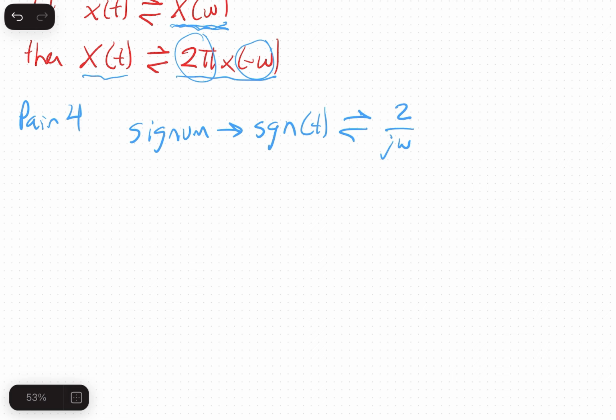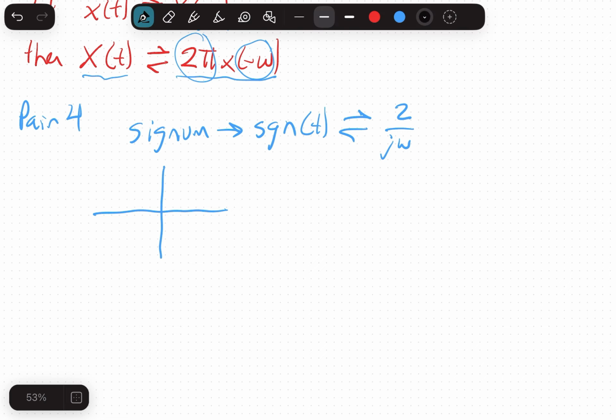Signum, if you remember from circuits, is a function that just switches from -1 to 1, right? So this function goes from -1 all the way to 1. Here we have a -1 and here is a 1. So this is signum, and that's how it behaves, okay?